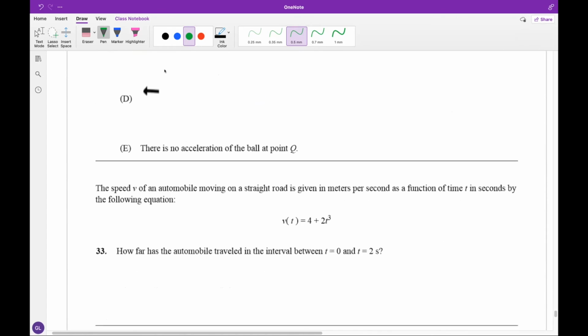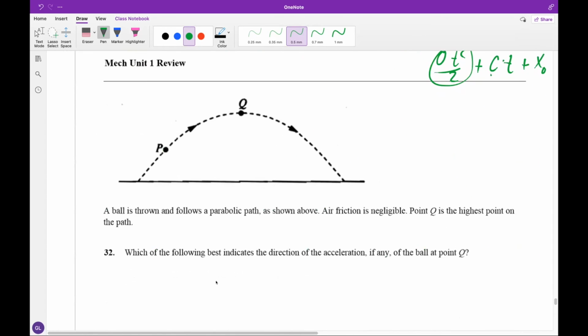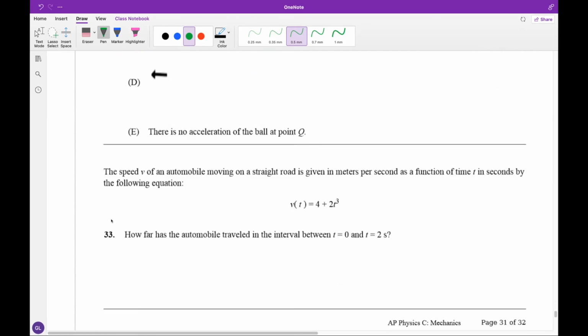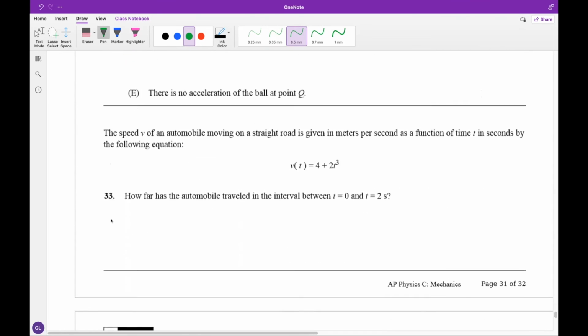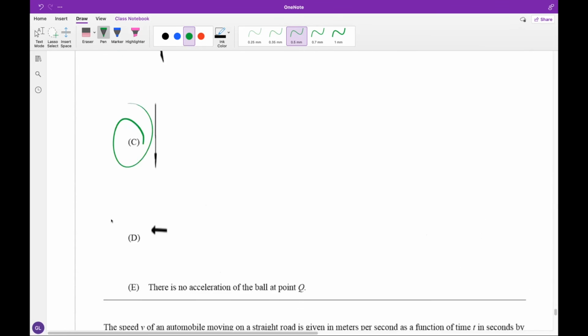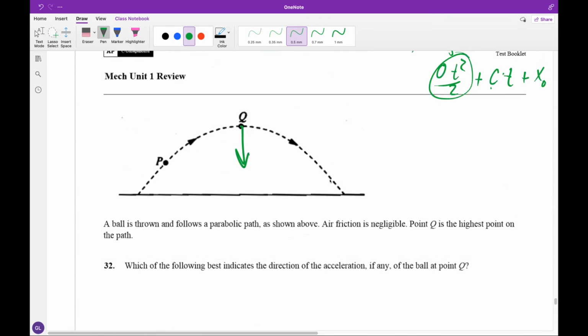I think this question has been done so many times, but just real quick, which of the following best indicates the direction of the acceleration at point Q? Straight down. All right. Even though the velocity is 0, the acceleration due to gravity is acting on it. And we assume that there's no air resistance. I've seen this figure so many times.